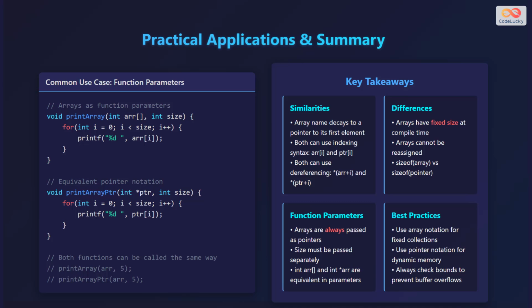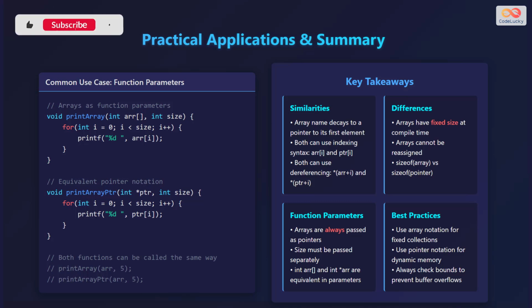Here are the key takeaways from this video. Array name decays to a pointer to its first element. Both arrays and pointers can use indexing syntax like arr[i] and ptr[i]. Both can use dereferencing, like *(arr + i) and *(ptr + i).